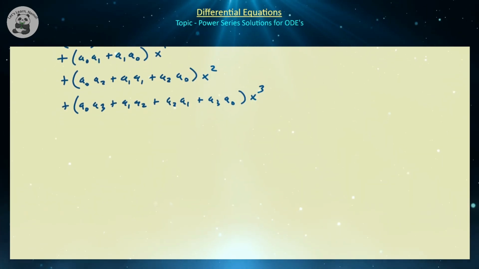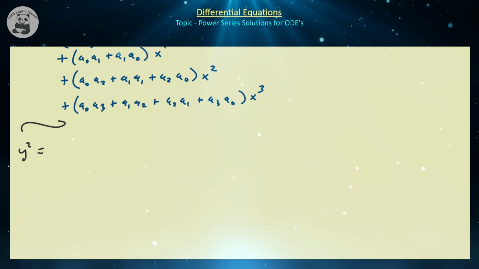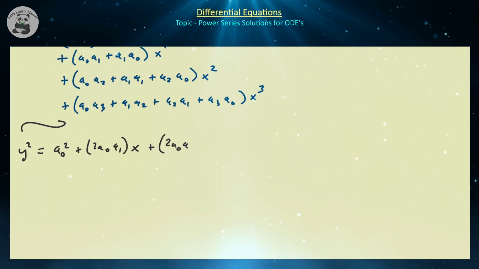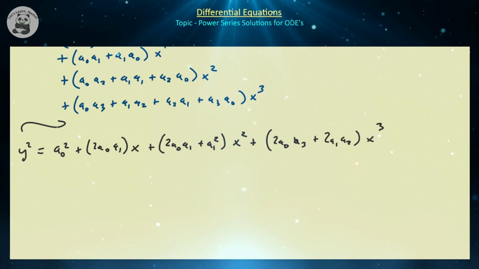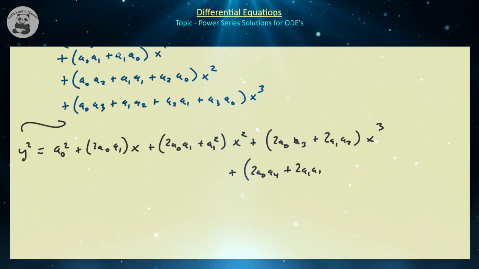So once we have that, then we can write y squared as a0 squared plus 2a0a1 x plus (2a0a2 plus a1 squared) times x squared plus (2a0a3 plus 2a1a2) x cubed. The next term is going to be equal to 2a0a4 plus 2a1a3 plus a2 squared, times x to the fourth, and that will continue onwards.